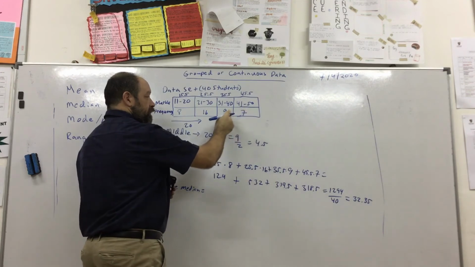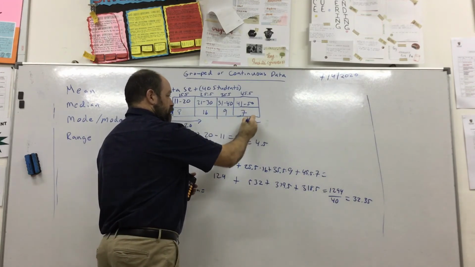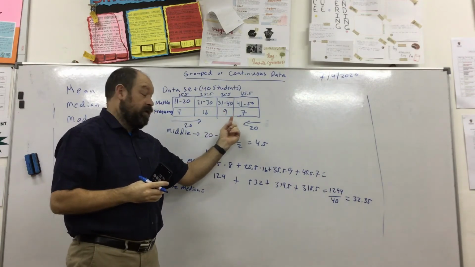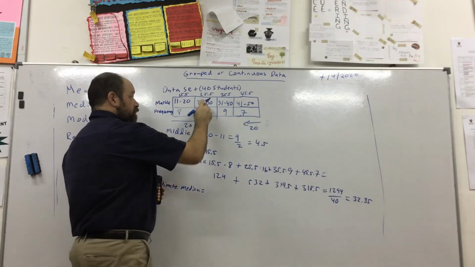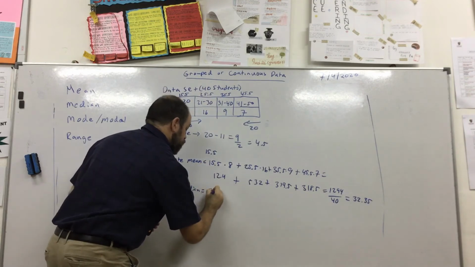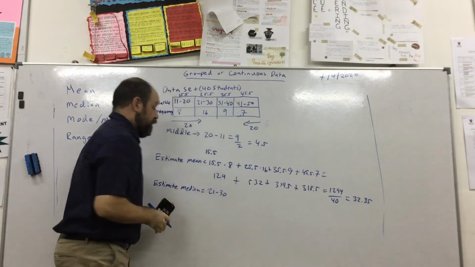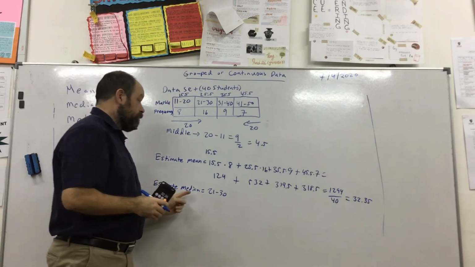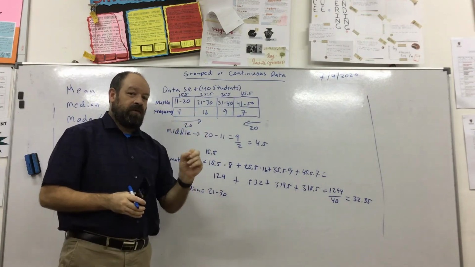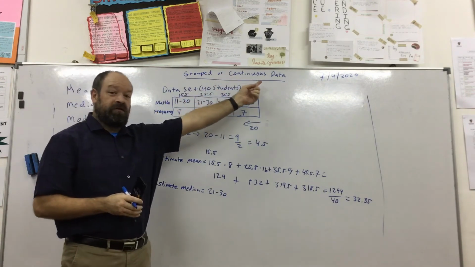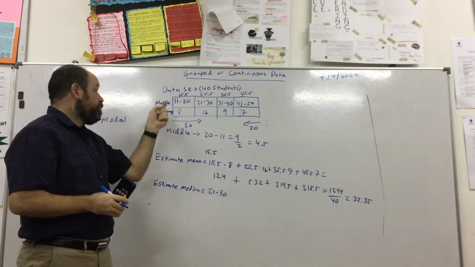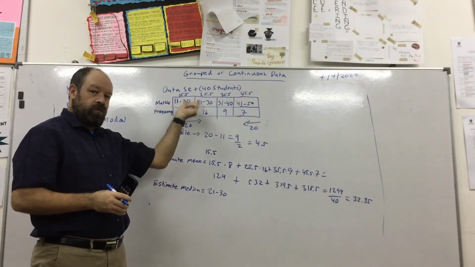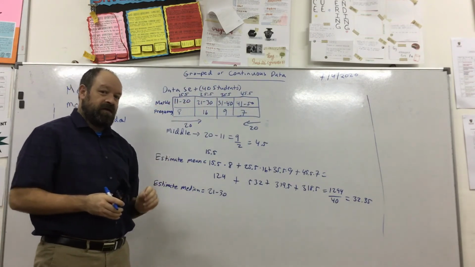And again, we count this way. 7 plus 9 is 16. 20 is going to be in here. So the median is 21 to 30 marks. We don't have to get the exact number with the grouped or continuous data. We just say which group is the median, not the exact number.